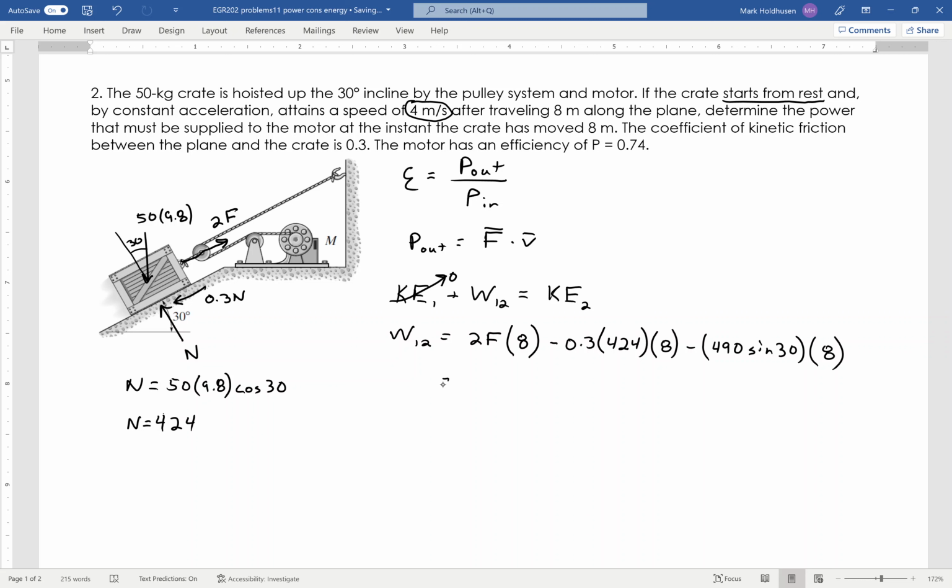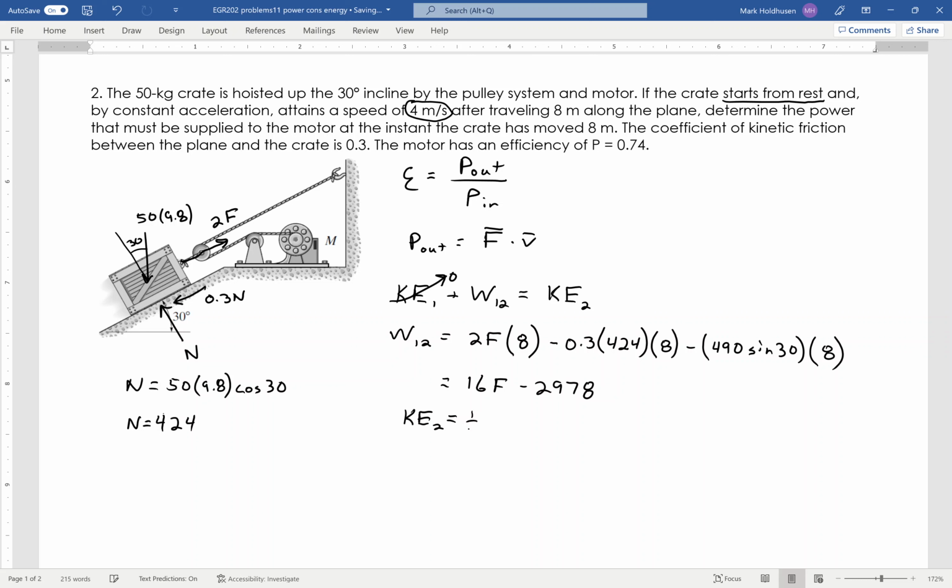So from this, I find 16F minus 2978. The motor, or that cable, is doing a lot of work, friction is doing negative work, and a component of the gravity is also doing negative work, because friction and gravity are going downward and this thing's moving upward. My final kinetic energy then is really known.